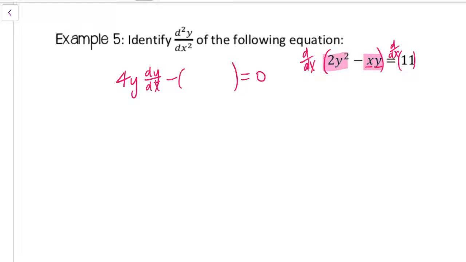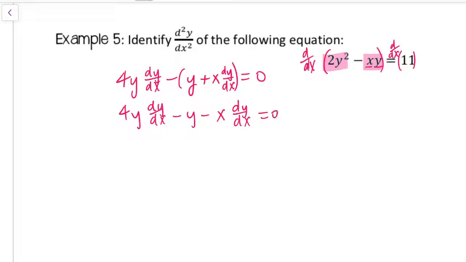So the derivative of the first is 1 times the second y plus the first x times the derivative of y, which we're just calling dy dx. We'll go ahead and distribute that subtraction sign. So 4y dy dx minus y minus x dy dx equals 0.